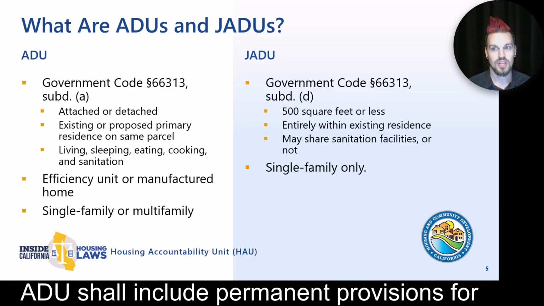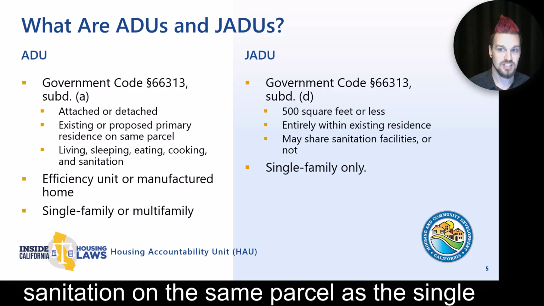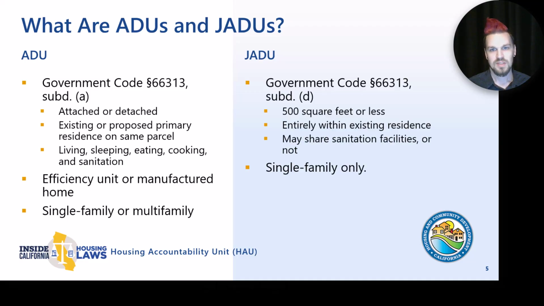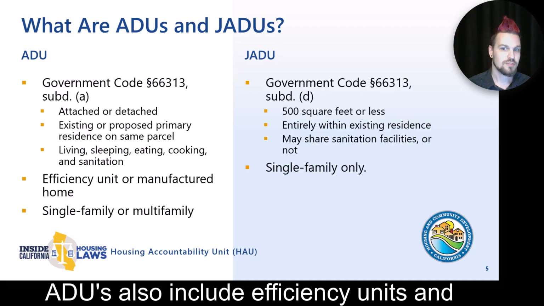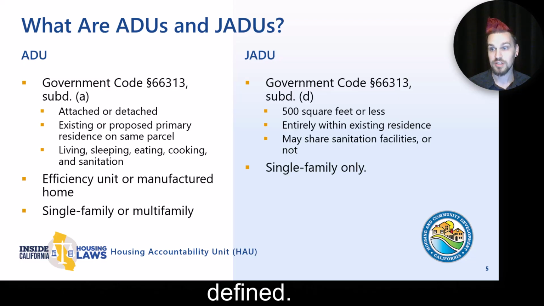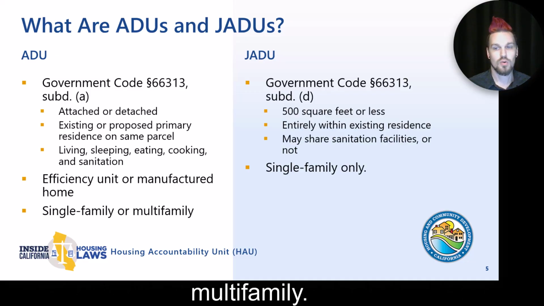An ADU shall include permanent provisions for living, sleeping, eating, cooking, and sanitation on the same parcel as the single-family or multifamily dwelling is or will be situated. ADUs also include efficiency units and manufactured homes, which are separately defined. Finally, ADUs may be either single-family or multifamily.